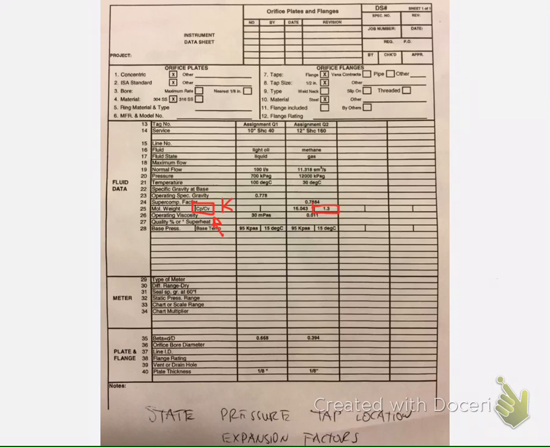And the pressure, is it upstream or downstream? In our case I don't think there's any information here that gives us that. If it stated like P1 for the line pressure, that'd be upstream, P2 would be downstream. Just looking, taps flanged. Yeah, I don't see anywhere. We're going to assume it's upstream. Doesn't look like they state anywhere, which is too bad.